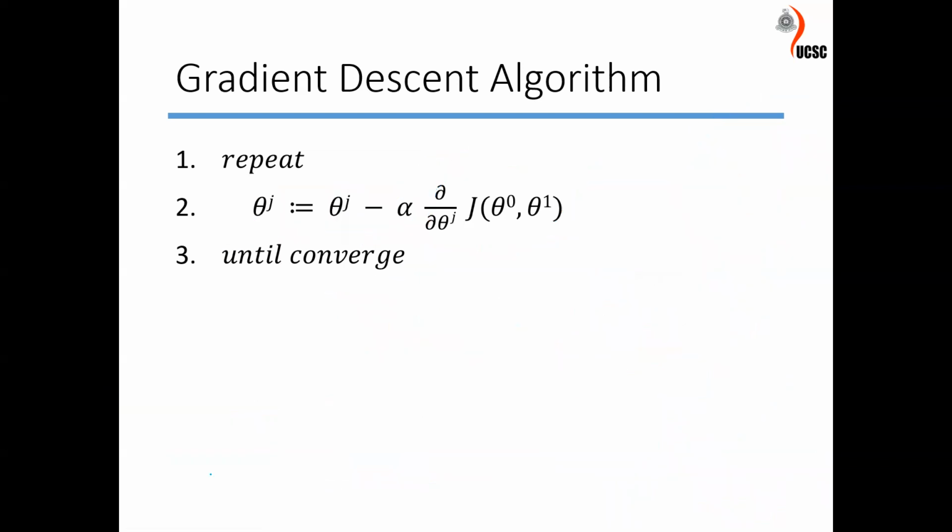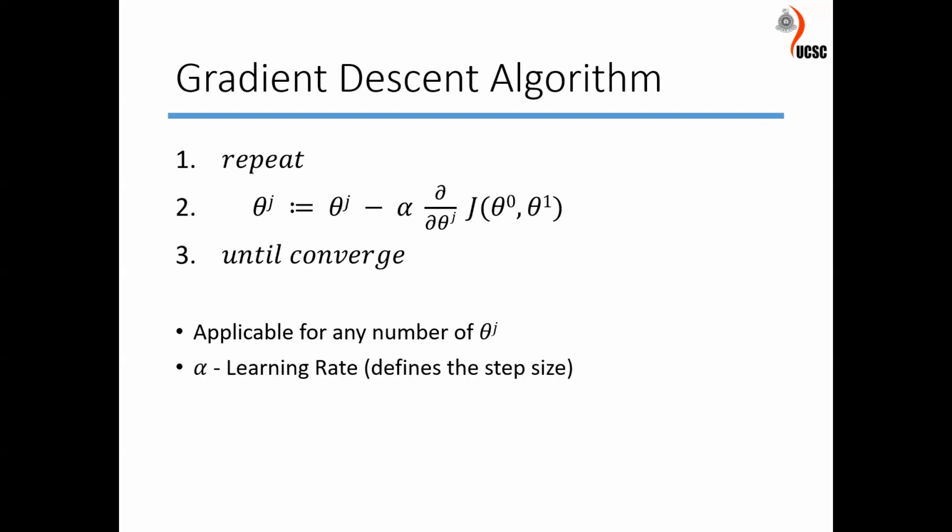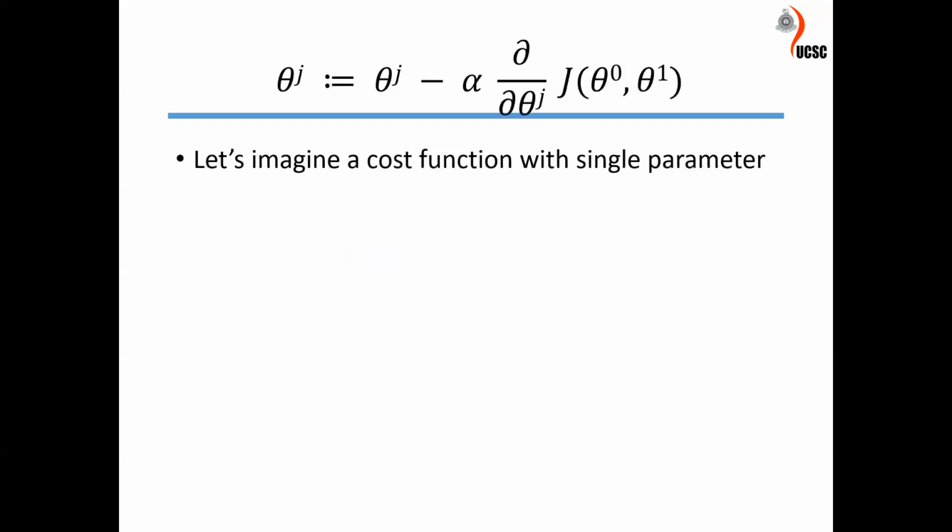If you are not clear, you can put some forum topics and we can discuss. This alpha we call the learning rate. It has a huge effect when you find the minimum value using the gradient descent algorithm. We can discuss these things.